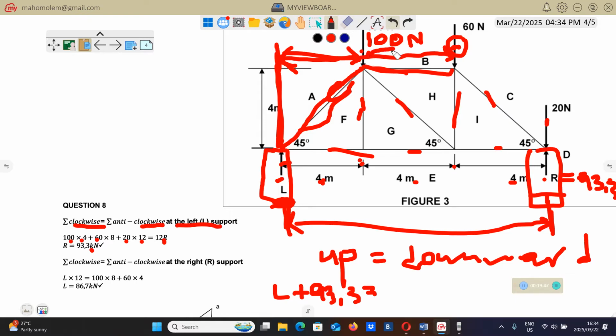We'll have this force here, which is 100, plus this force here, which is 60, plus this force here, which is 20. You only have three forces here, all downward.